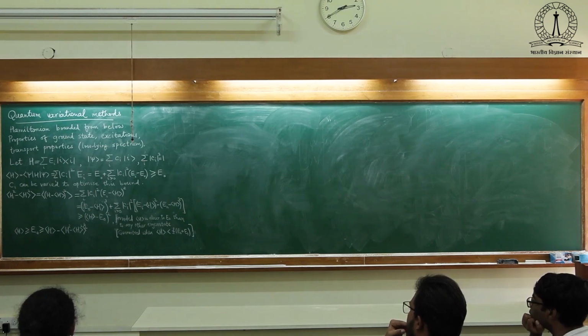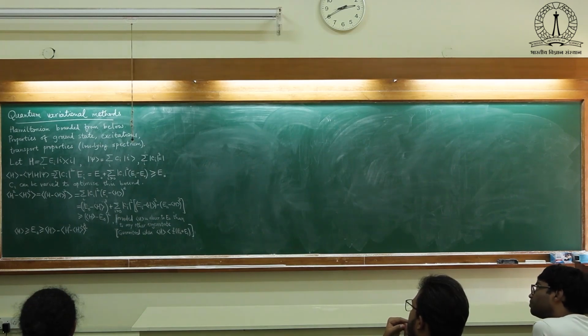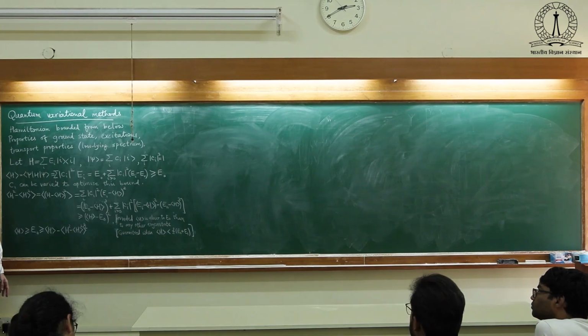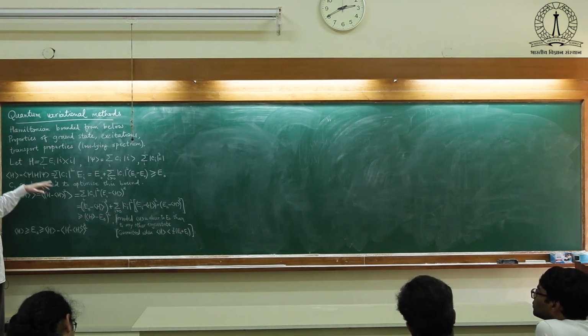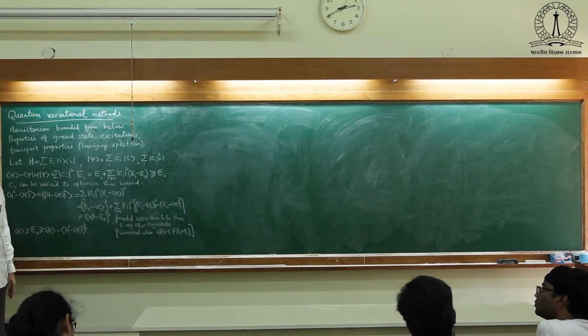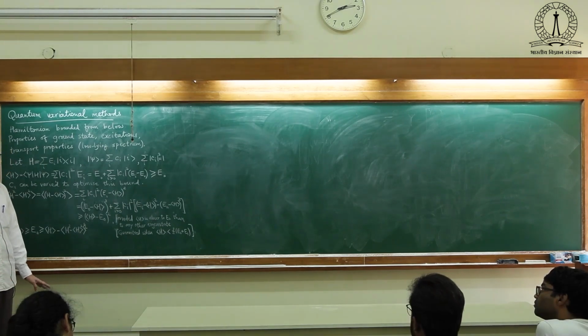You will not find this in the standard quantum mechanics textbook for the very simple reason that most of the applications in atomic and molecular systems, the Hamiltonian has a Coulomb potential. And Coulomb potential has a term which is 1 over r in the Hamiltonian. Square it, it becomes 1 over r squared, which is even more divergent, and the integrals are not necessarily convergent when you calculate it.